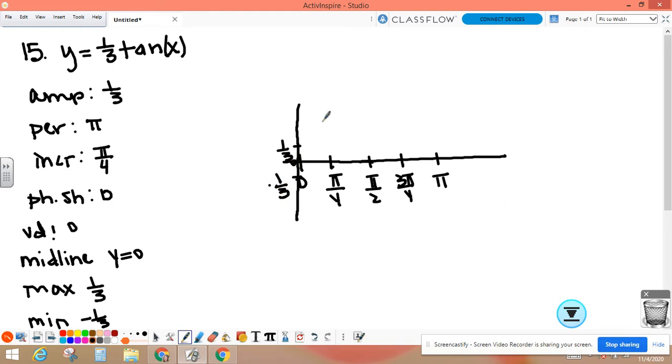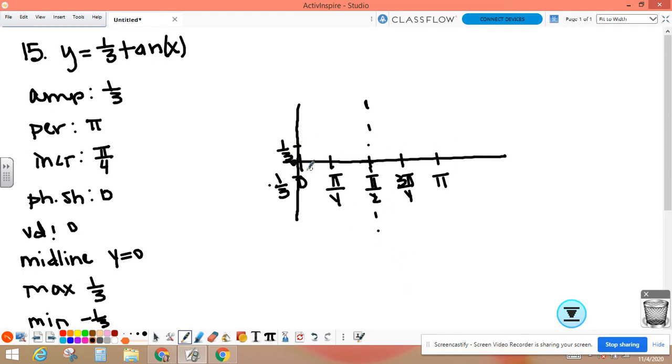All right, so for tangent, what you have to remember is when you're graphing tangent, you have 1, 2, 3, 4, 5 marks always. Tangent always has an asymptote that runs right through the middle mark. So that 3rd mark. All right, and then when you're just graphing one period of tangent, you're going to get half of it that goes up and half of it that goes down.